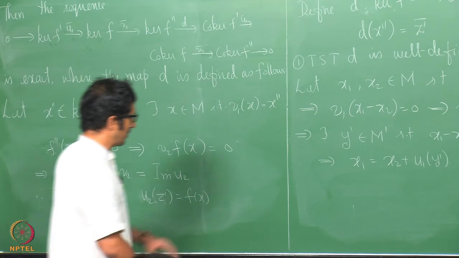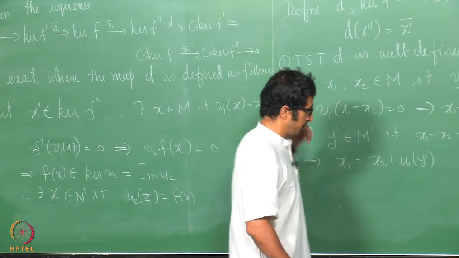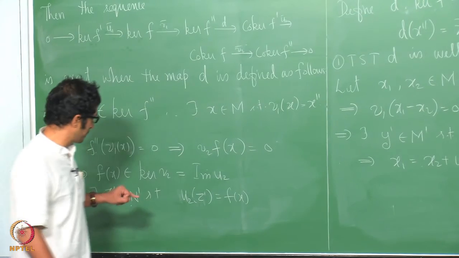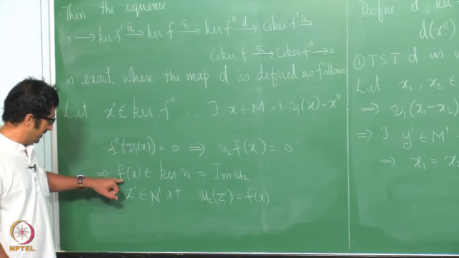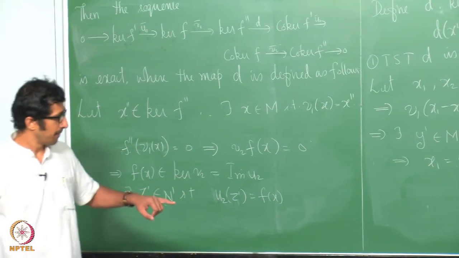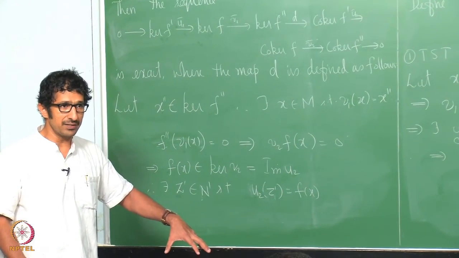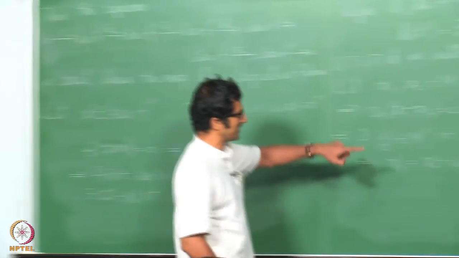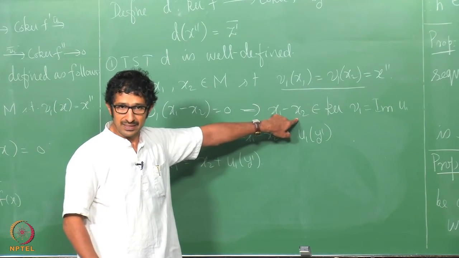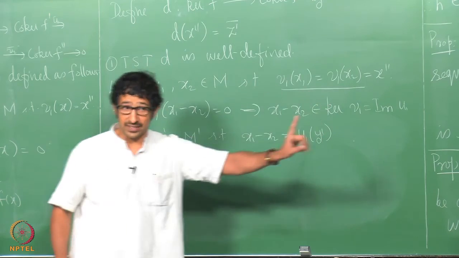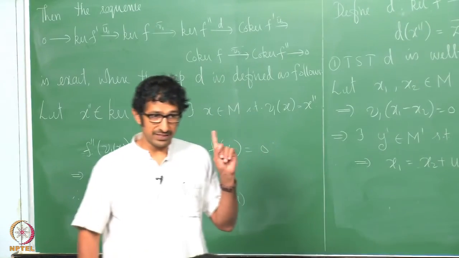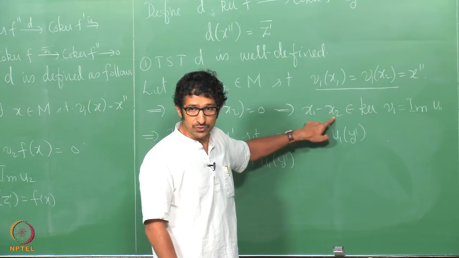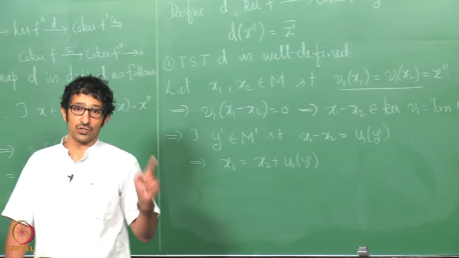Okay. Now let us see, once I prove that, we need to prove that the pre-image of f x1 minus f x2 is 0 in the co-kernel. What we need to show is that f of x1 minus x2 is 0 in the co-kernel.